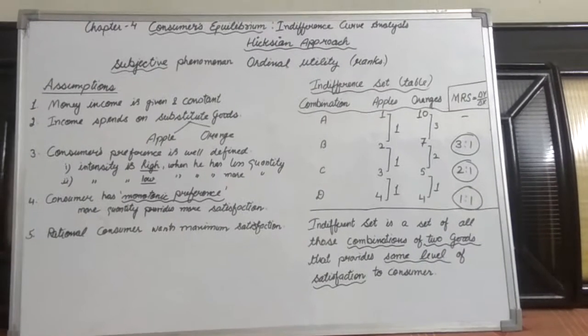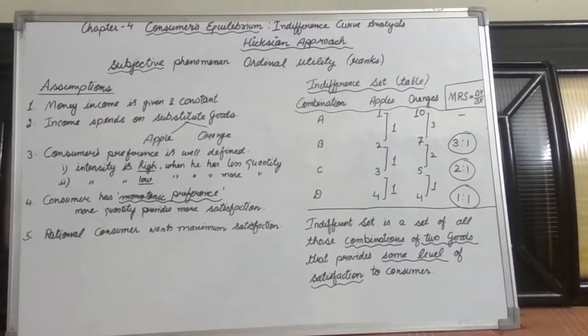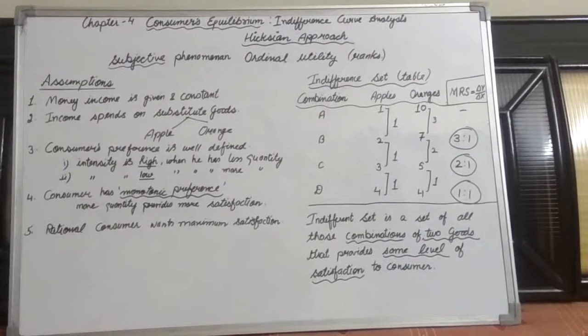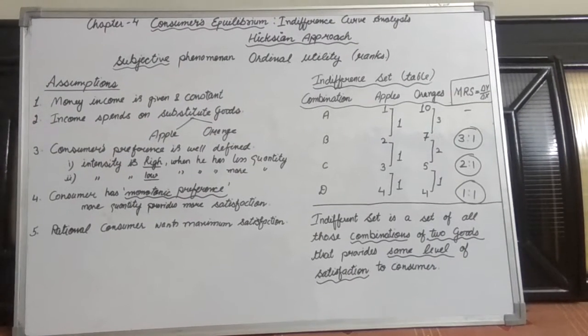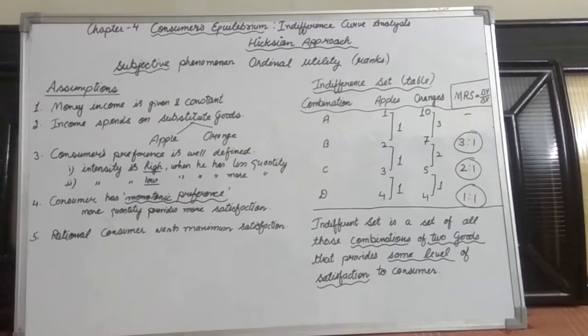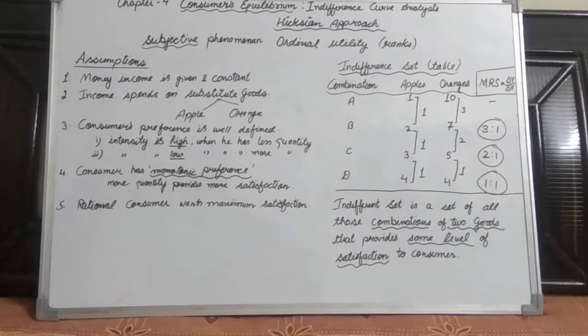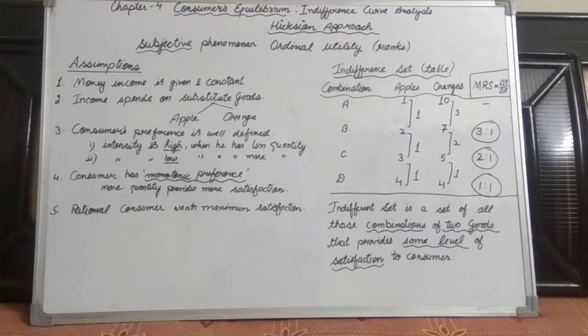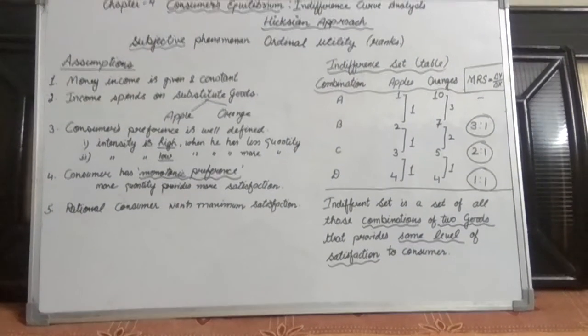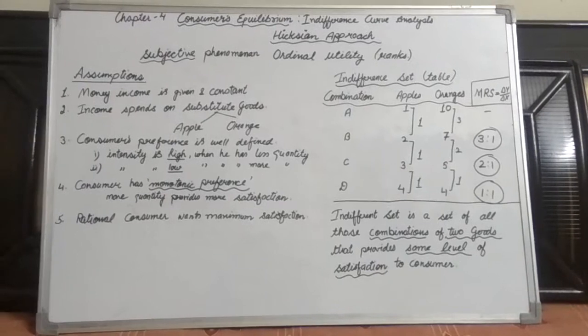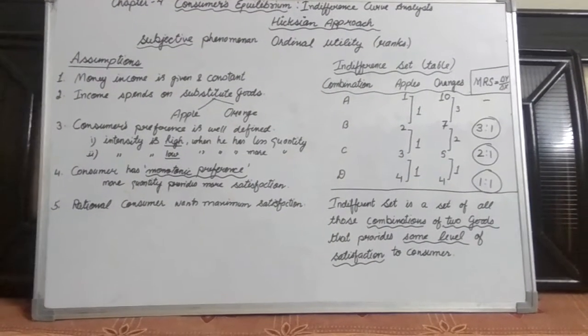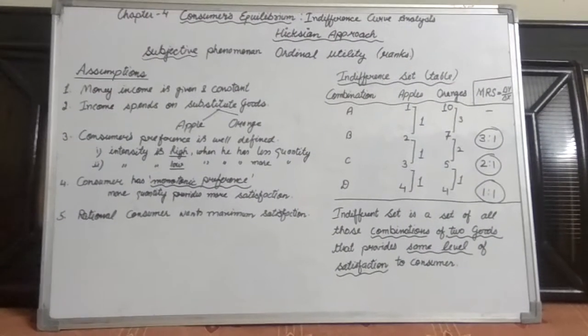Let me compare these values. The MRS column shows a decreasing value, that is 3:1, 2:1 and 1:1. Due to this decreasing value of MRS, the curve will have a different shape, that we'll see in this video right now.